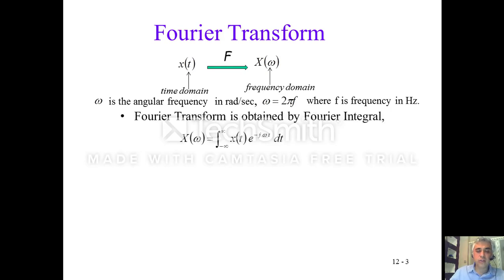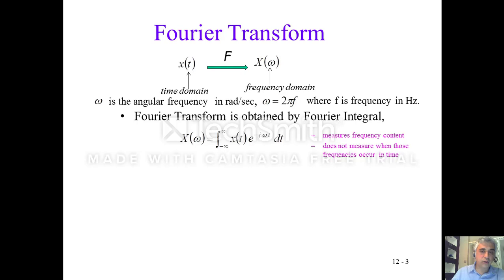The Fourier transform is obtained by the Fourier integral. The Fourier integral is defined as the integral from minus infinity to plus infinity of lowercase x of t times e to the power minus j omega t dt, and that whole thing is the capital X of omega.